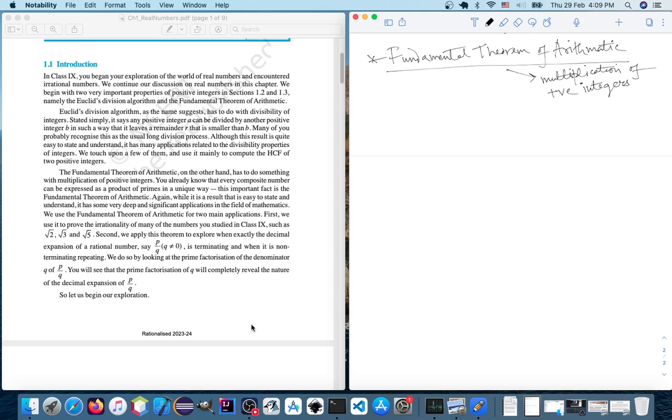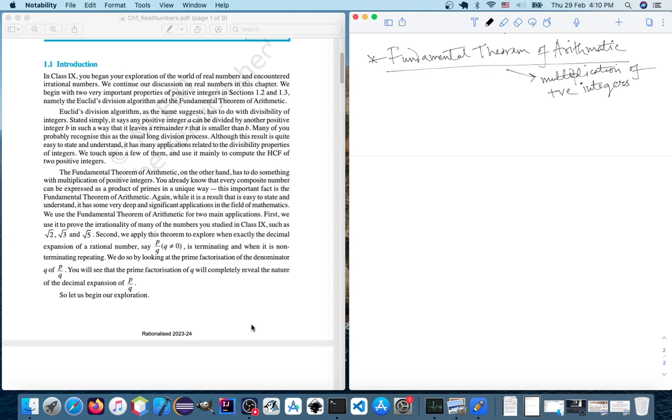So this theorem can be used to prove which rational number has terminating decimal and which has non-terminating recurring decimal. So how is that done?